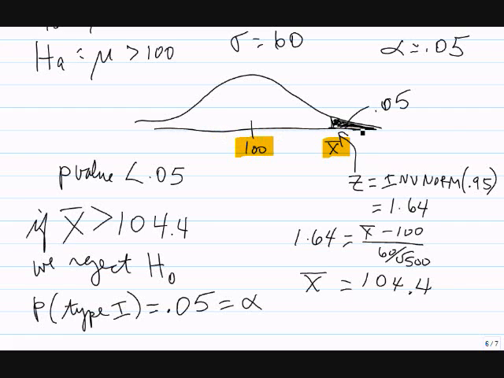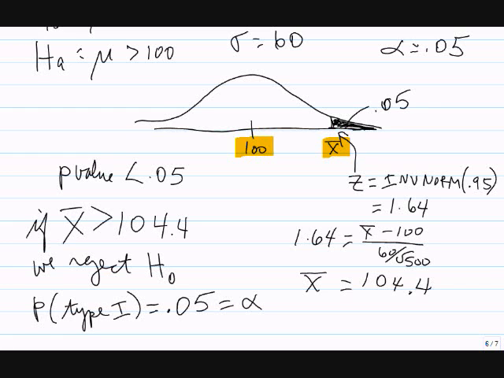Maybe my distribution was really centered someplace else. And mostly that's what that's going to mean. But 5% of the time, this distribution was the accurate distribution. The center was at 100, but I got one of those oddball samples. So usually we're fine with our rejection of our null hypothesis at those means that far away.